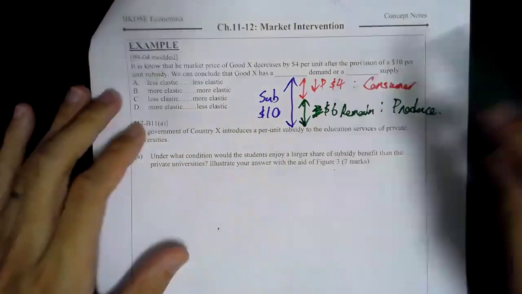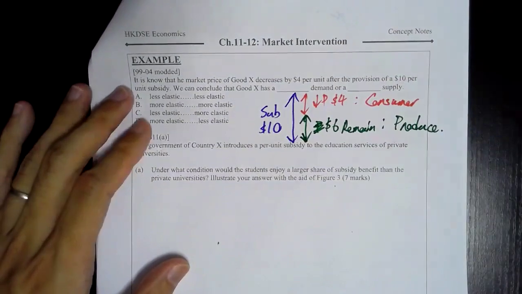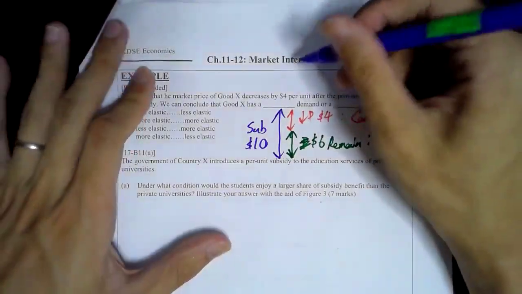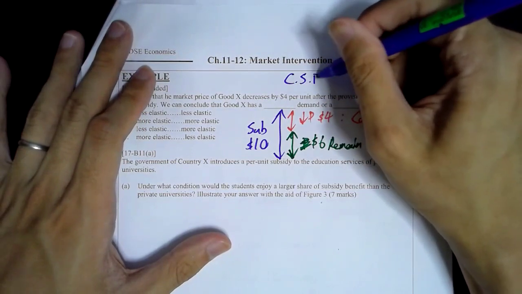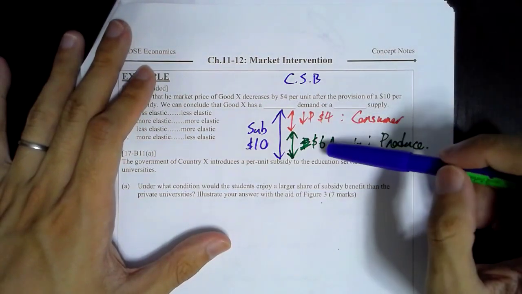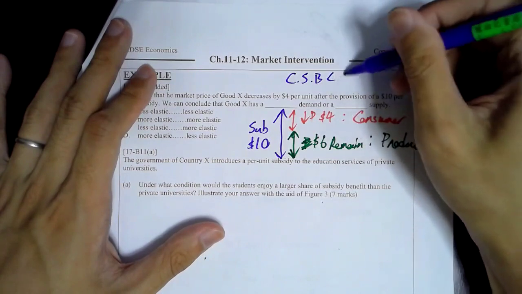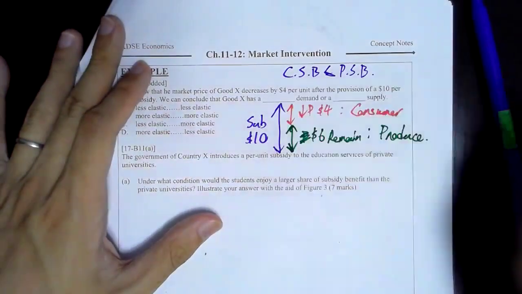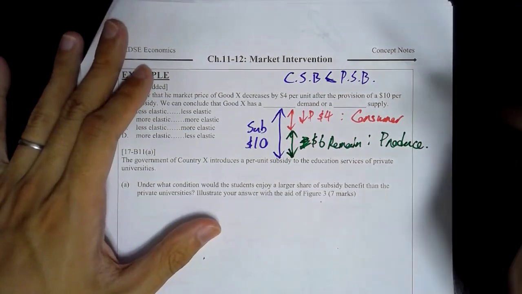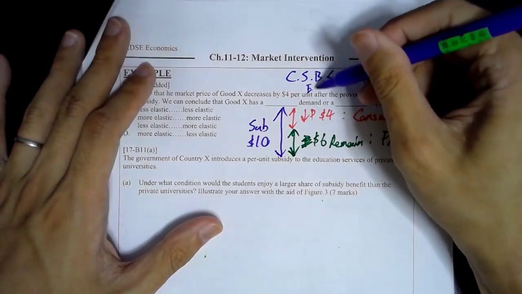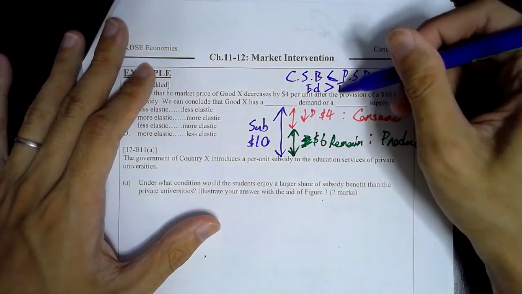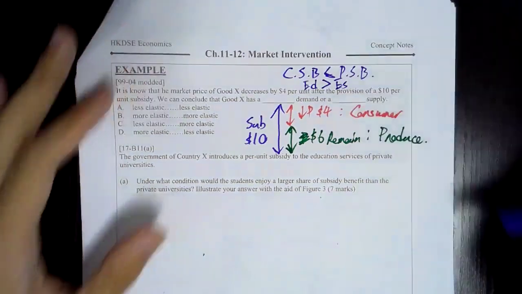Now let's see from this very easy, very clear diagram, we know that consumer subsidy benefit of $4 is smaller than producer subsidy benefit. Then following our rule, whoever more elastic eats less. So since consumers eat less, they are more elastic, ED larger than ES.